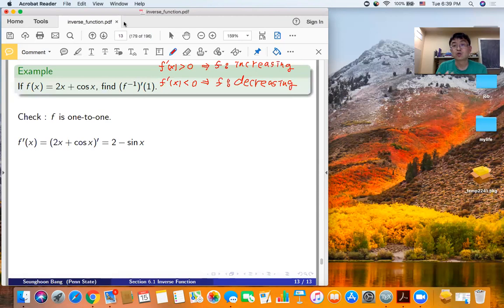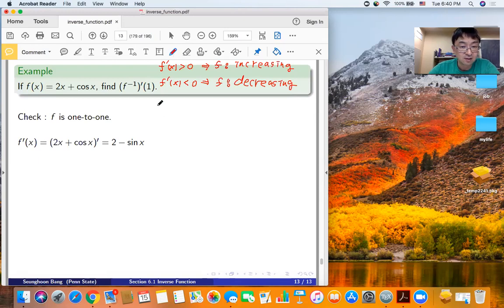I can check. Is 2 minus sine x positive or negative? Positive. This is the reason.